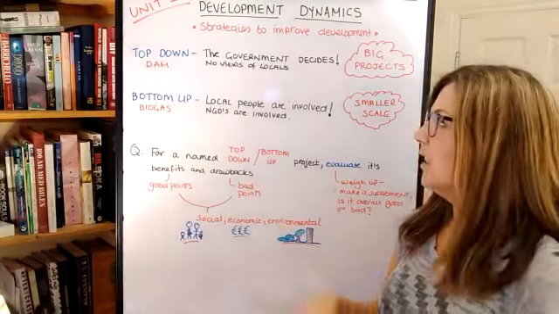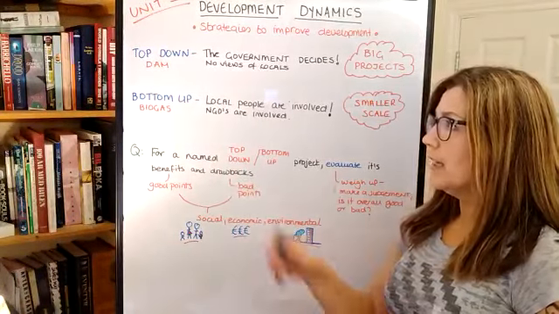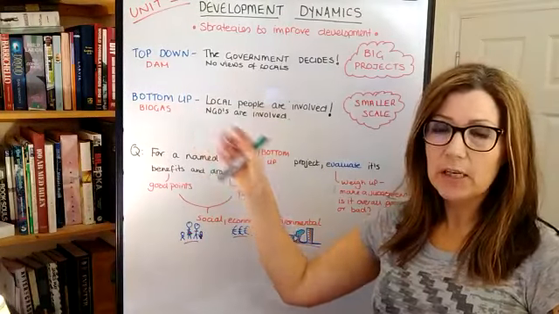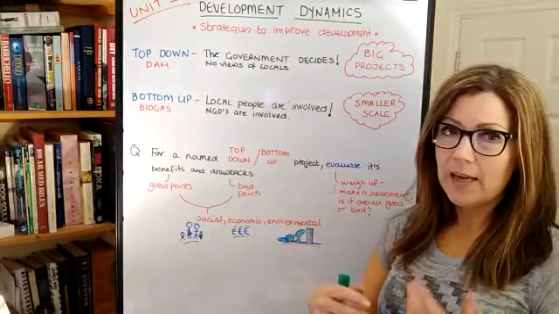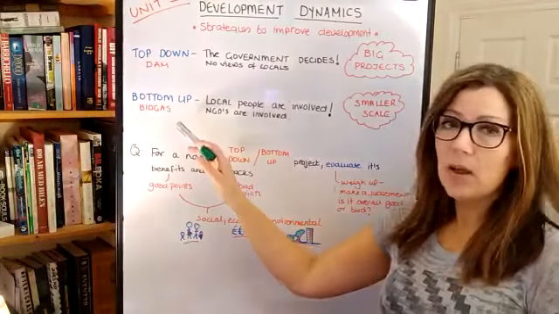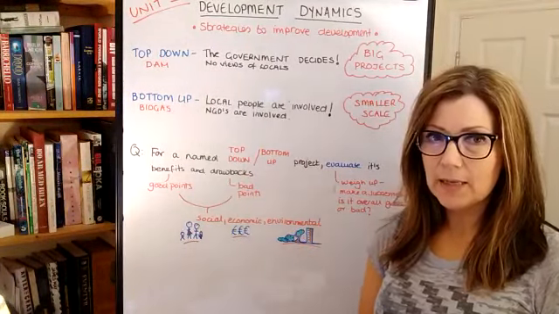That's the theory anyway. The second strategy is a bottom-up strategy, which is sometimes called intermediate technology, and we'll go over that again in the second video. And the example that we've got in the textbook is the biogas example.